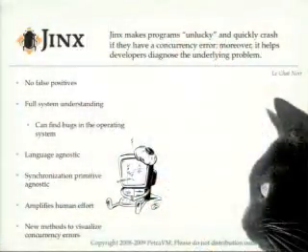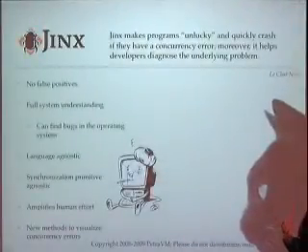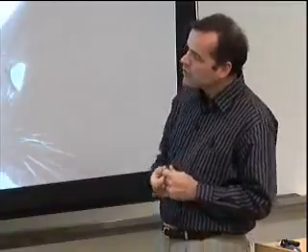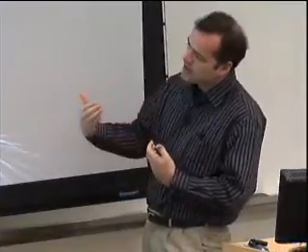So our first product is what we call Jinx. And what Jinx is, it's a tool that amplifies human effort in helping you find and understand concurrency errors. So what it is, you install Jinx on your box, and by you I mean a developer or a quality assurance engineer.